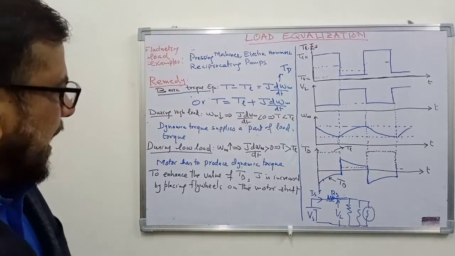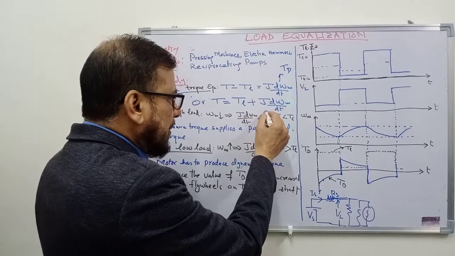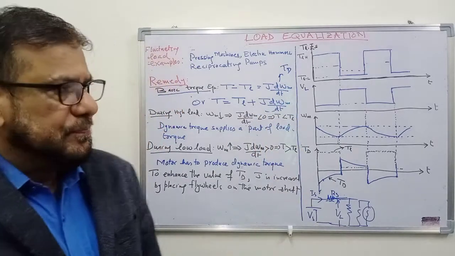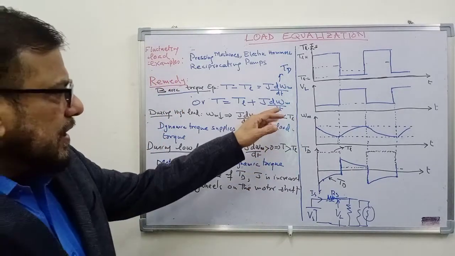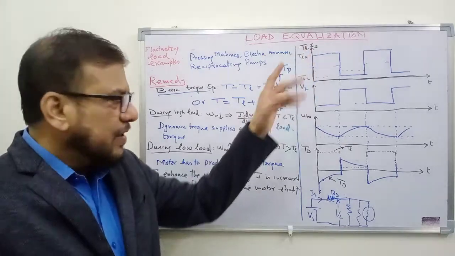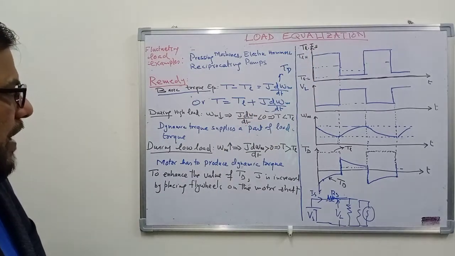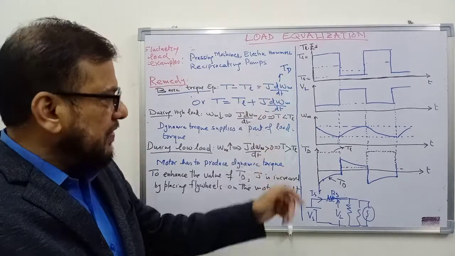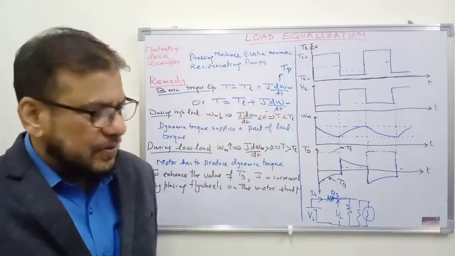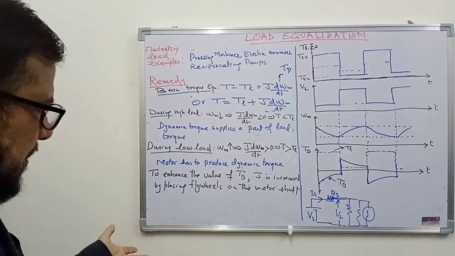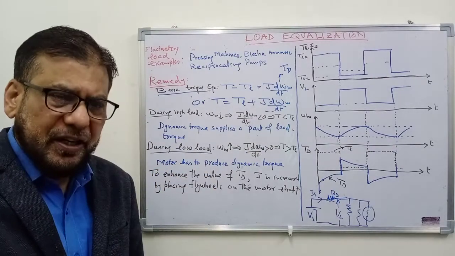Now, as you see, the dynamic torque depends on the rate of change of speed. So whenever the speed is increasing, this term is positive, and whenever the speed is decreasing, this term is negative. So you know that the motor has a drooping characteristic.